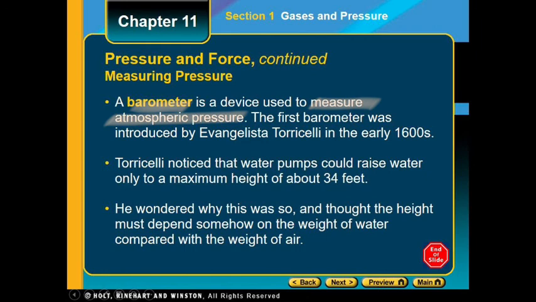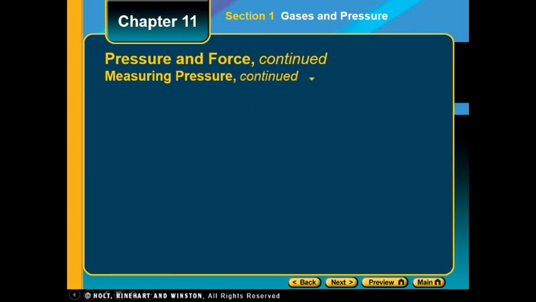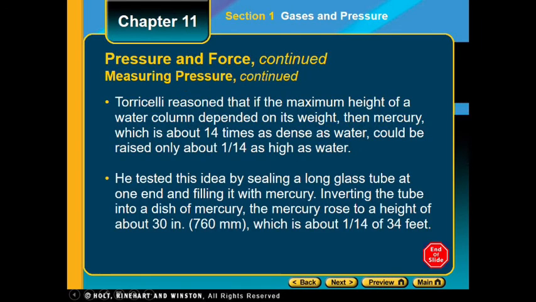Torricelli was someone that noticed about water pumps. They could raise water only to a maximum height of about 34 feet. He wondered why that was so and thought that the height must depend somehow on the weight of the water compared to the weight of the air. Because that 34 feet, as far as barometers go, and we'll look at a picture of a barometer here in just a second, correlates to, well, what if you were dealing with mercury?